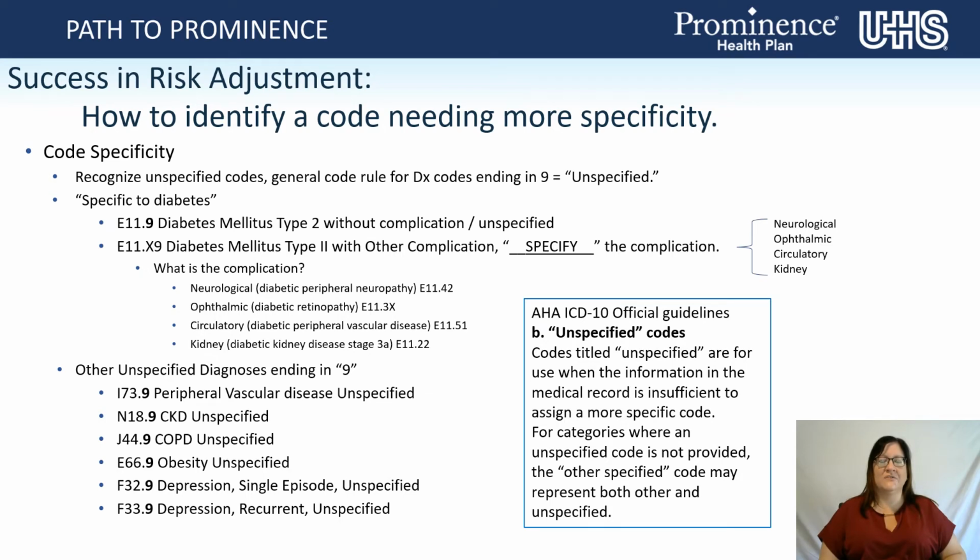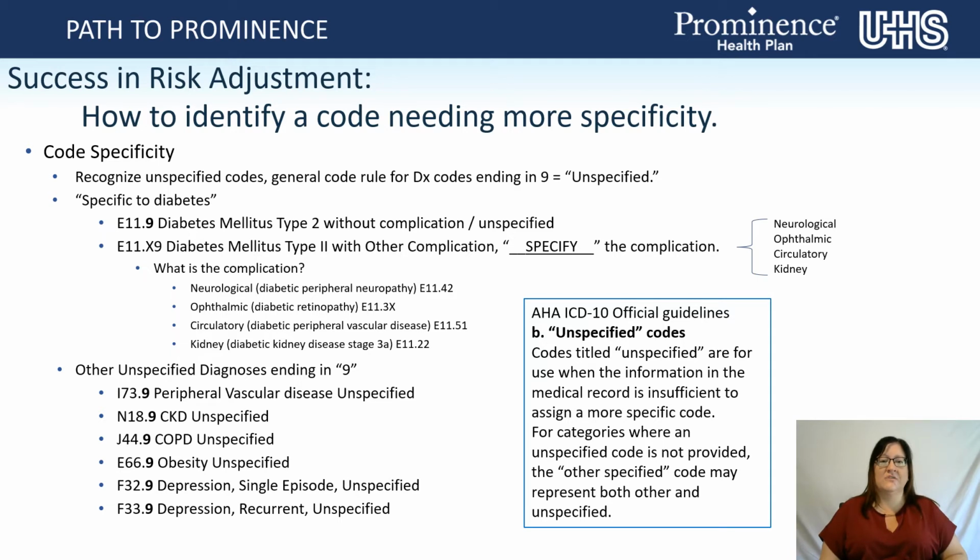In general, diagnosis codes ending in a 9 are considered to be unspecified. Other unspecified diagnoses: I73.9, peripheral vascular disease unspecified; N18.9, CKD unspecified; J44.9, COPD unspecified. So try to get terms within your documentation to further specify that diagnosis code.